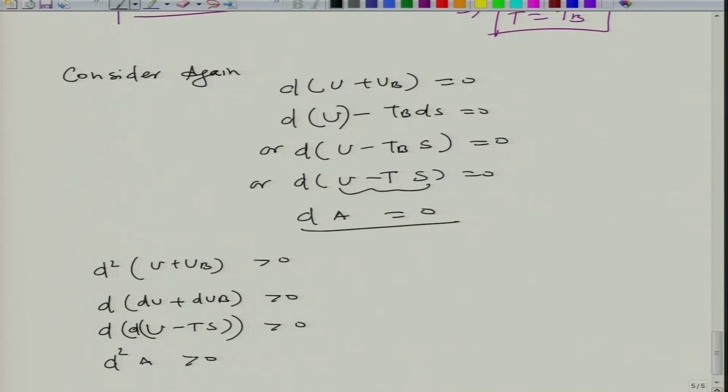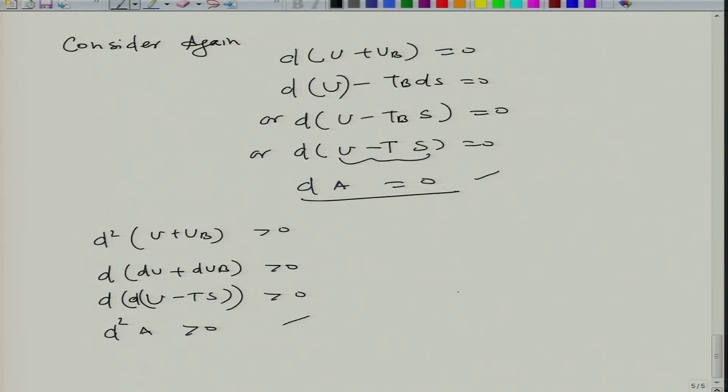So, this indicates that for such a system where you are maintaining temperature, volume and n, your u minus Ts must be minimum. So, u minus Ts, or A, is minimum at equilibrium.